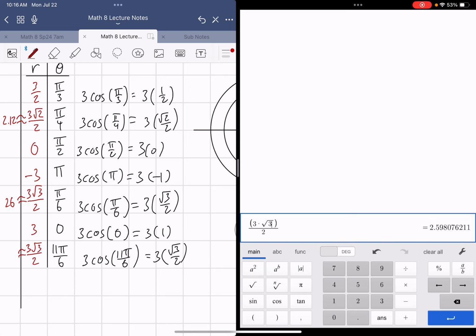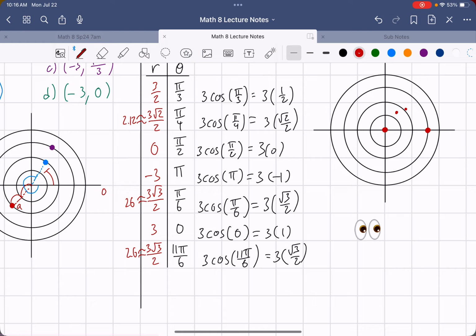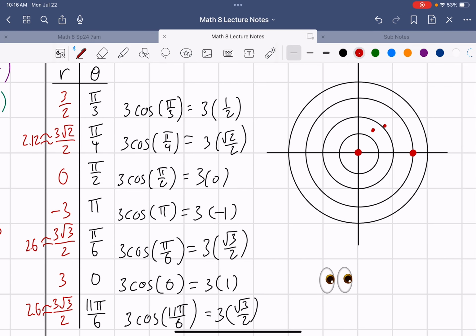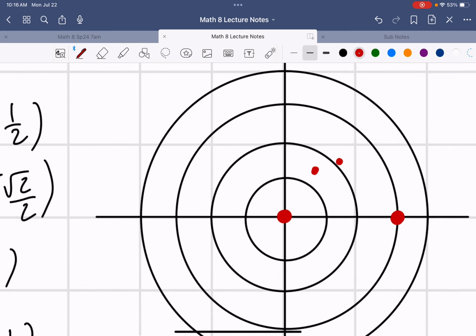And this is the same value, so 2.6. So that means when I go face in this direction, right, pi over 6 is here, I go as far as 2.6, which would be more than 2, but a little less than halfway of that. So I'm going to say here.